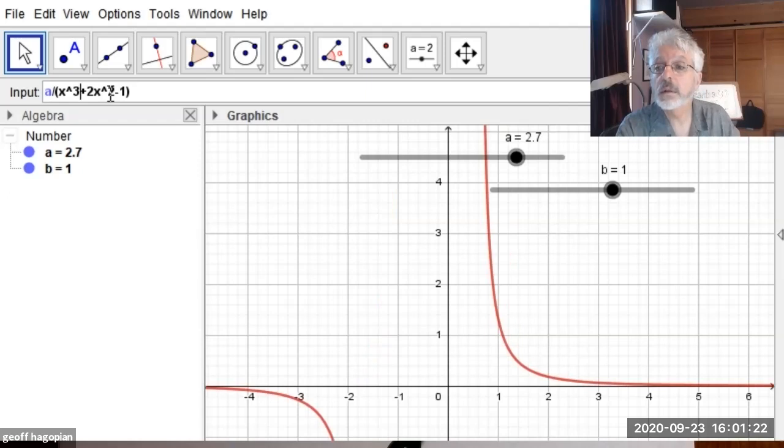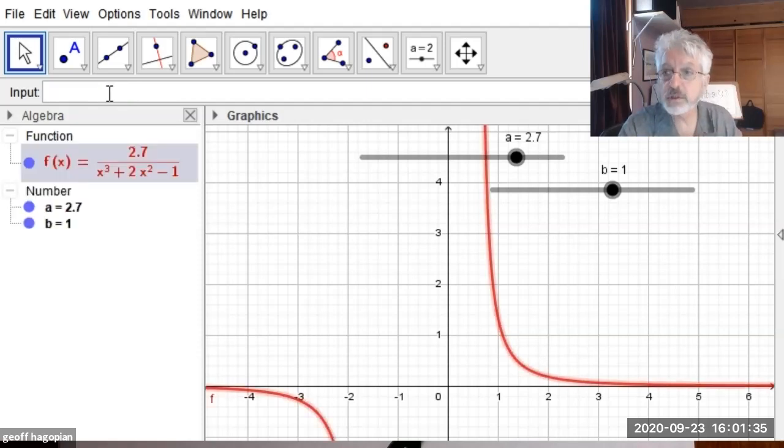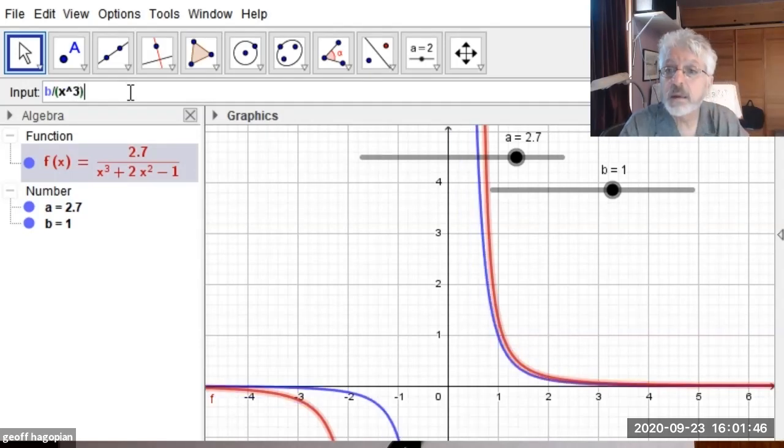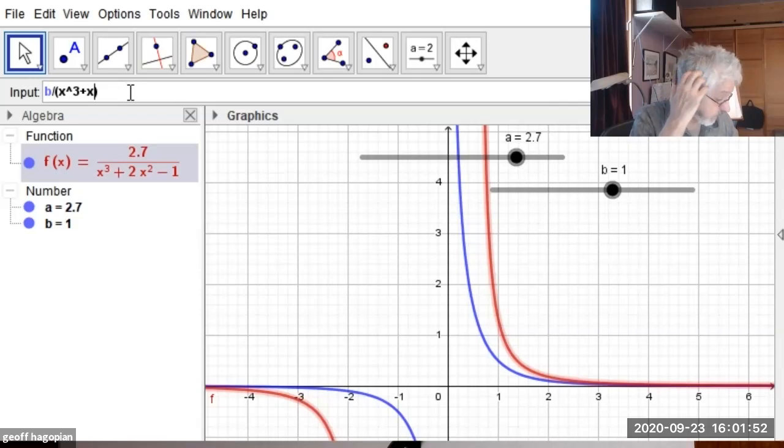Okay, so now you can kind of see that asymptote at 0.7, or near 0.7. And we're going to add to that, or maybe we should make that one function and have a different function here, b divided by x cubed plus x minus 2.